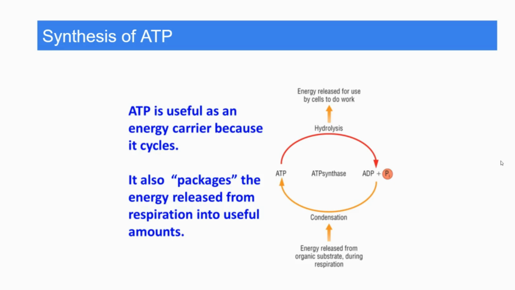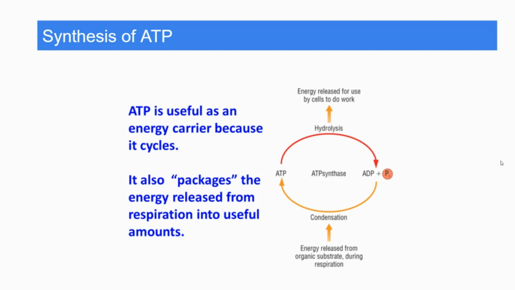The synthesis of ATP. So basically ATP is useful as an energy carrier because it cycles. So you can see in the diagram the cycling of ATP. It also packages the energy released from respiration into useful amounts. So it doesn't release all of the energy so that a lot of it is wasted.